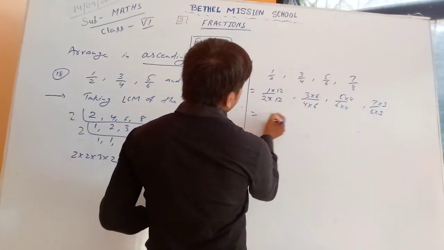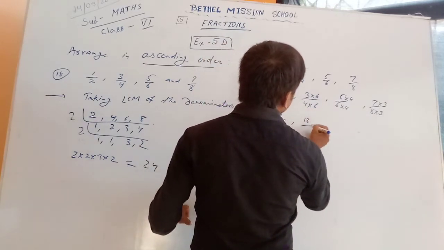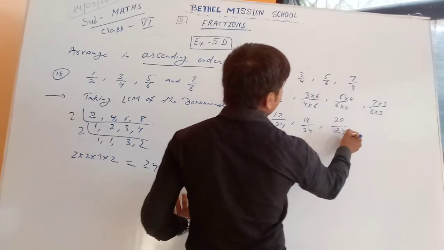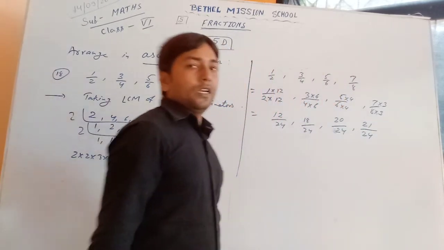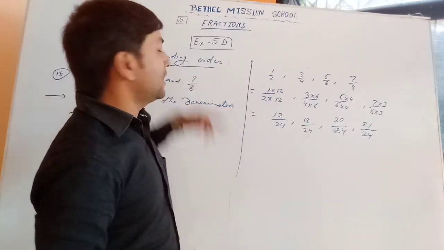So now these are 12 upon 24, 18 upon 24, 20 upon 24, and 21 upon 24. Now you can arrange these in ascending order.